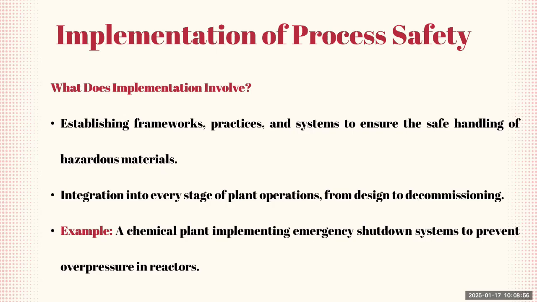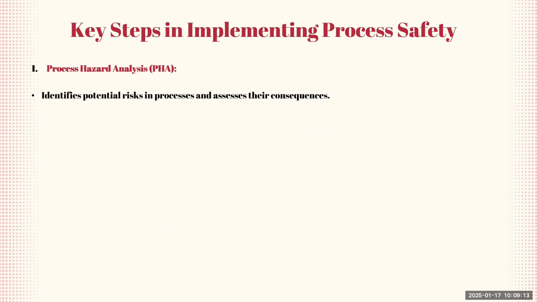So that is very important, and it depends from process to process, of course, and also on how your vessel is designed. So the key steps in implementing process safety. First is the process hazard analysis. These steps involve identifying potential risks in processes and evaluating their consequences.